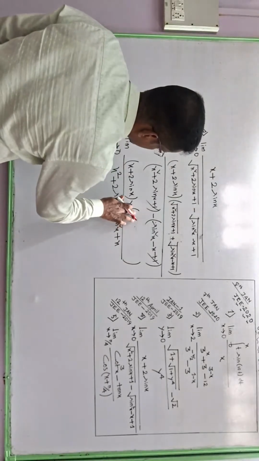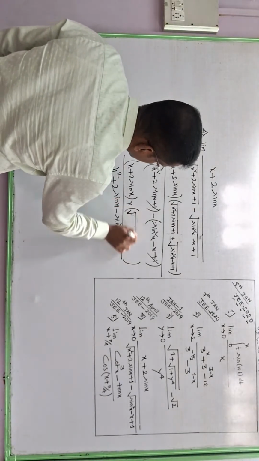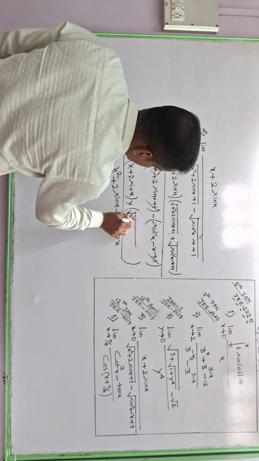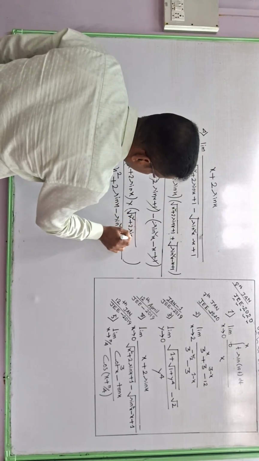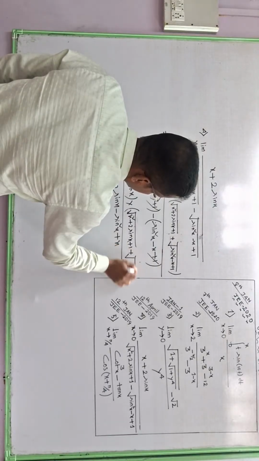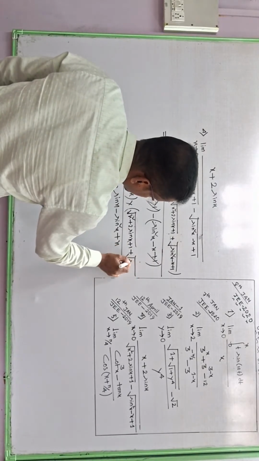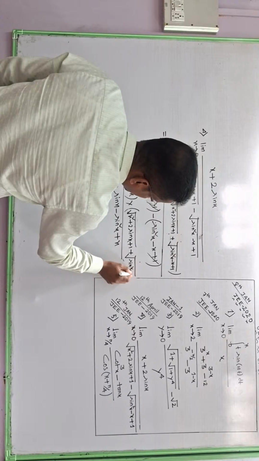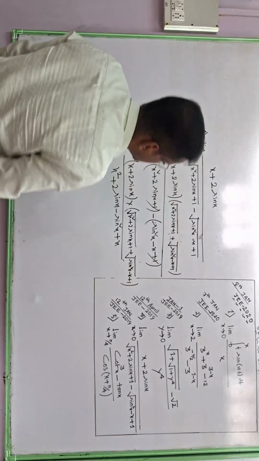It is under root over x square plus 2 sin x plus 1 plus under root over sin square x minus x plus 1.